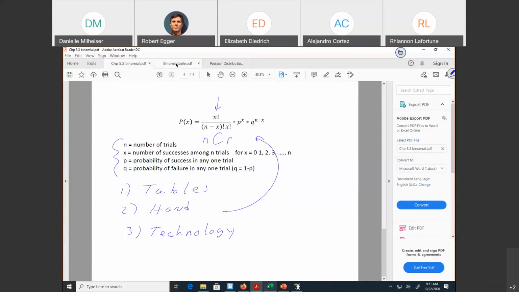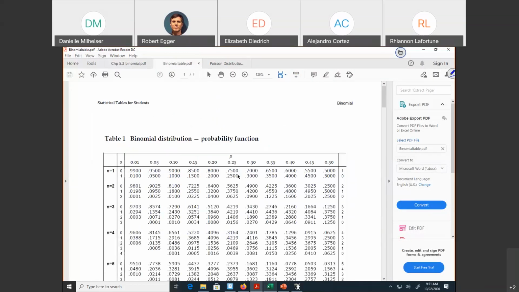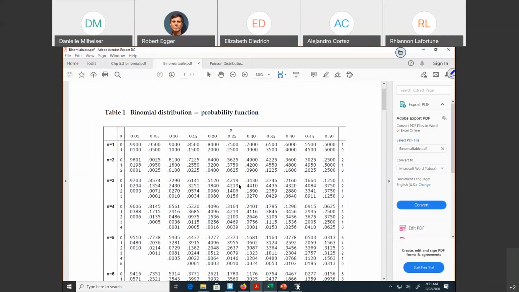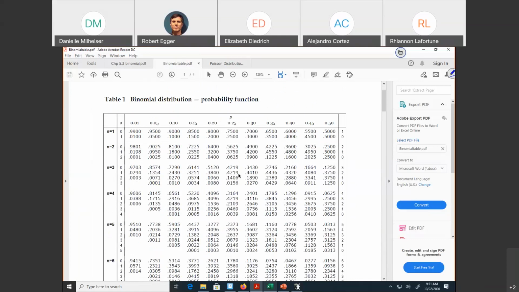I spoke of tables. This is a typical table. And here we have number of trials.